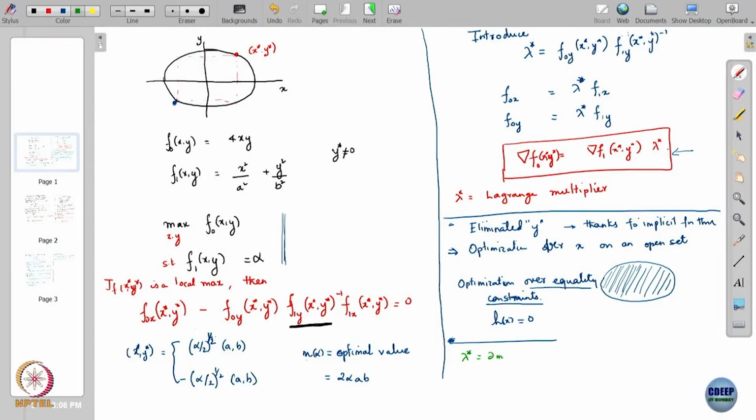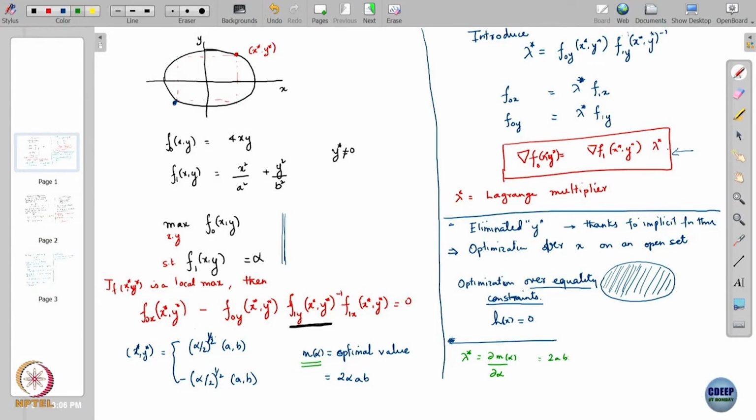If I look at this optimal value m of alpha and look at the partial derivative of m of alpha with respect to alpha, then that is actually lambda star. So, in short, it is equal to 2ab.